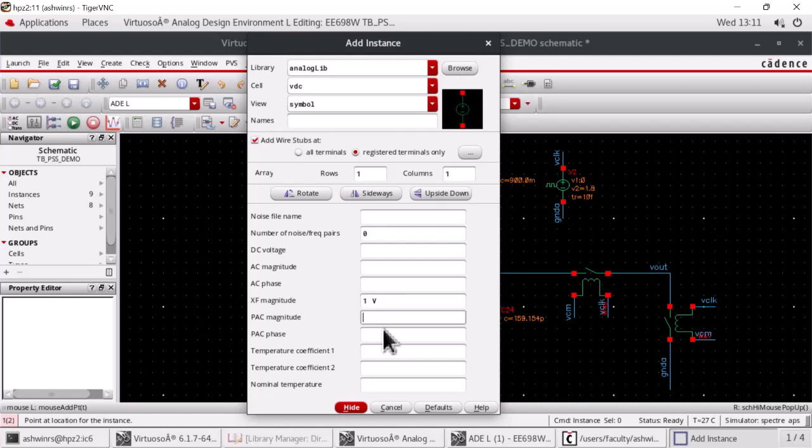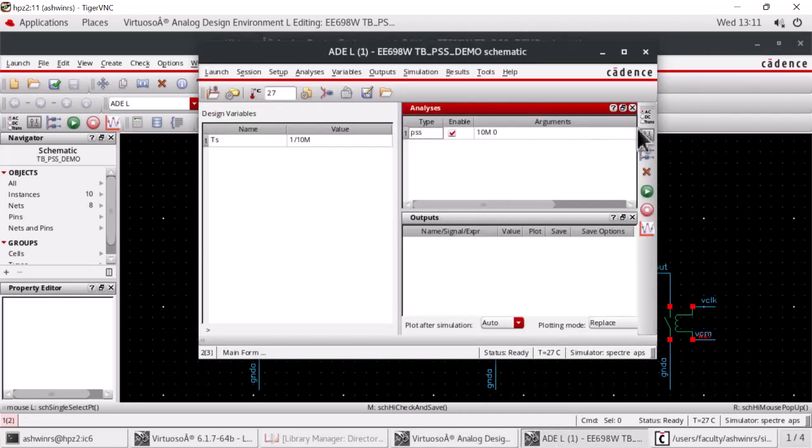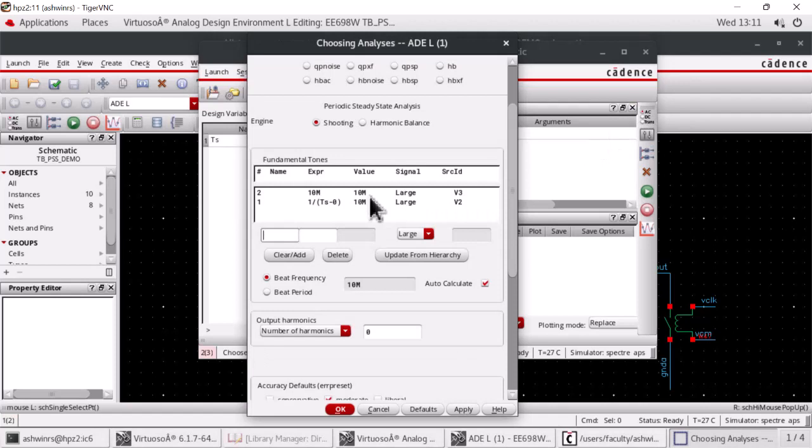That's all. Here again PAC, use it for finding the translation from F to F plus KFs, and again I'll say that you use a 1 volt sinusoid for computing, phase 0. So now I have set PSS, so now I need to set PAC.